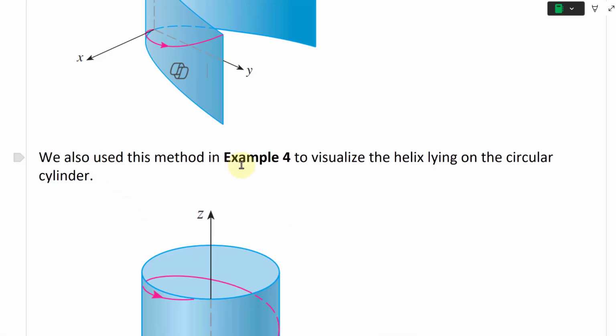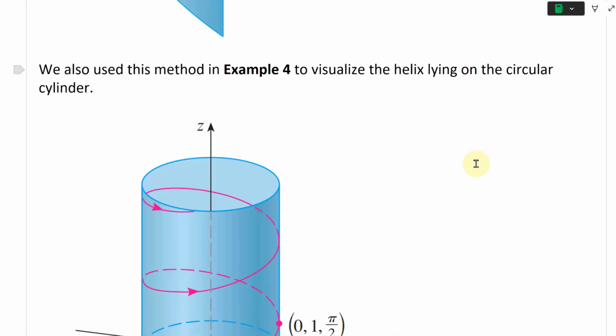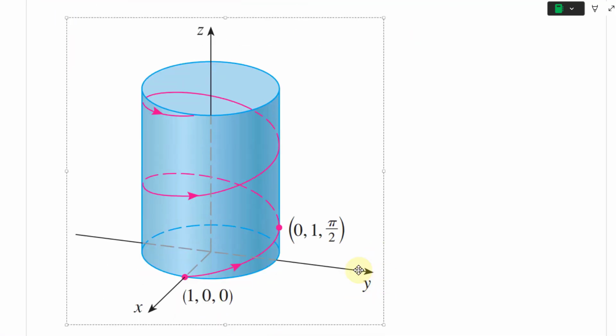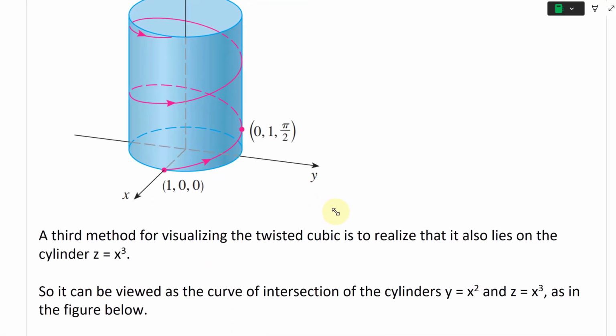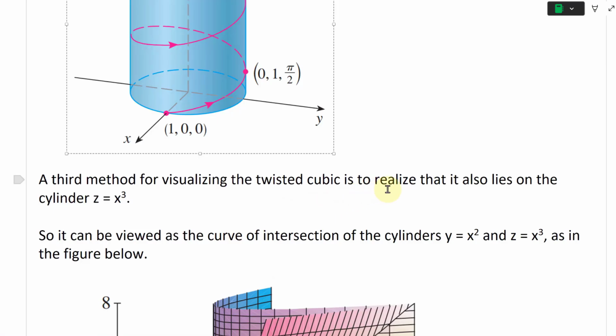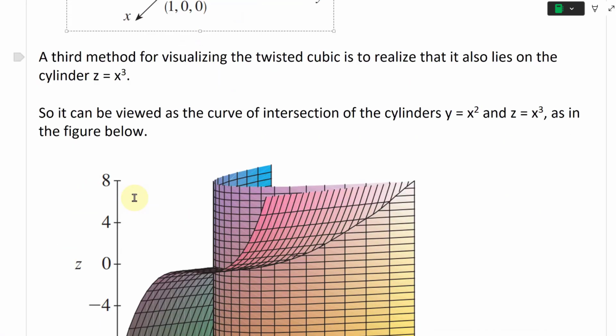We also use this method in example 4 to visualize the helix lying on the circular cylinder, which we already showed over here. A third method for visualizing the twisted cubic is to realize that it also lies on the cylinder z equals x cubed. This is apparently considered a cylinder, even though it's like a cubic cylinder.